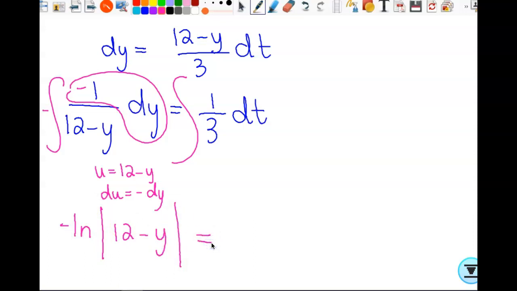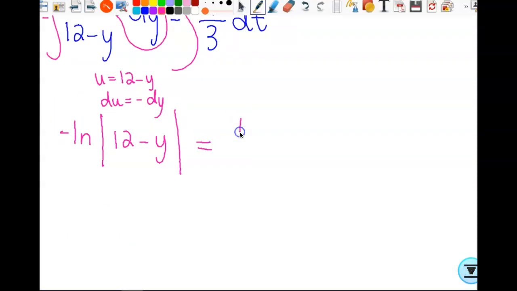All right, the right side, what's the antiderivative of 1/3 with respect to t? 1/3 t. And we can't forget our constant of integration. Here is another situation where we have y captured in the absolute value of this natural log. My preference is to undo those operations prior to finding that constant of integration.